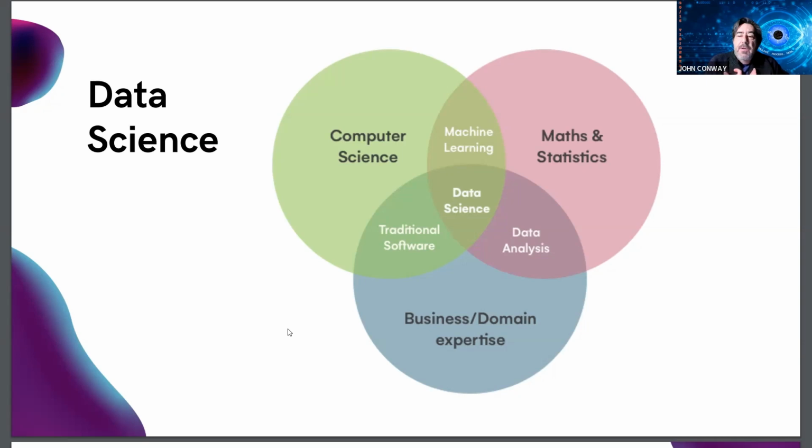You have to understand the domain you're in and its intricacies, the details. And when this all comes together, you are working in software, data analysis, advanced algorithms and machine learning. This is where data science all comes together, and it does take all these different disciplines to achieve that.